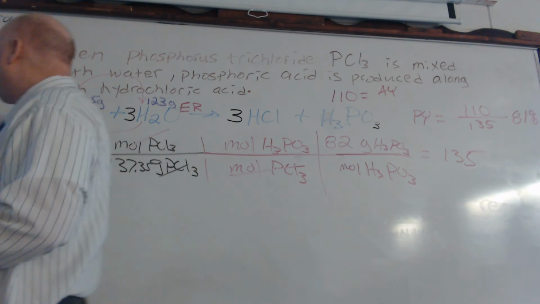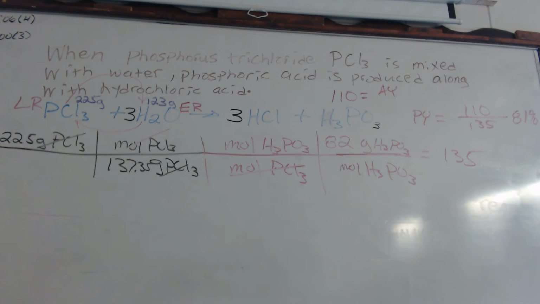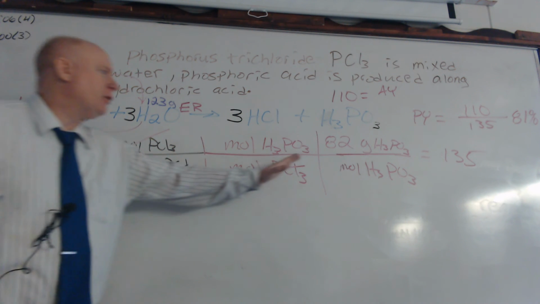So in a quick manner, we have discussed everything that we've done this chapter, mole to mole. We didn't do a mass to mole, but that's where we could have stopped right here.